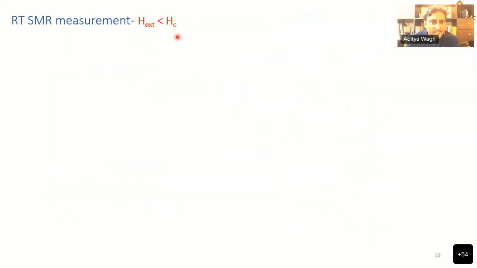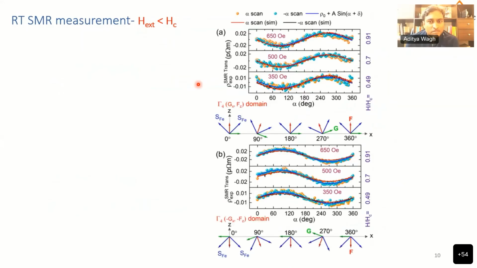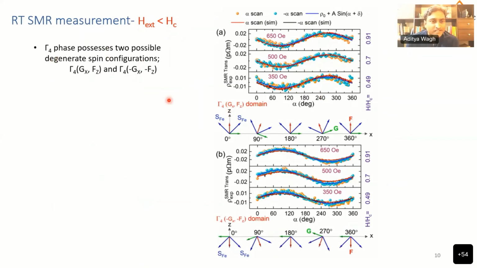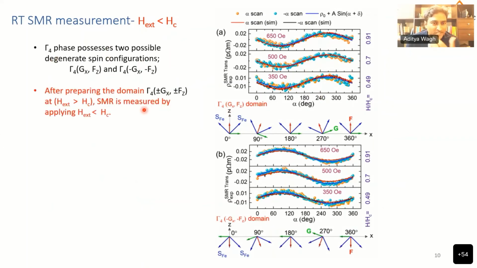Now, the other scenario is interesting: when we apply a magnetic field below HC, so you don't have enough field to do the switching between the two domains. To do this experiment, we first apply a magnetic field of, say, 2 kilo-oersted, above HC, along the Z direction, or C direction, of the crystal, and then we get a single domain.